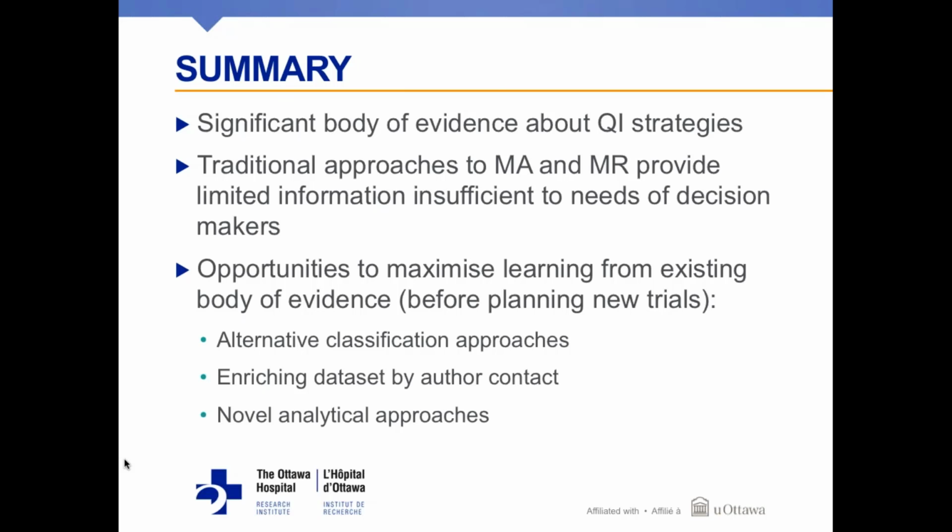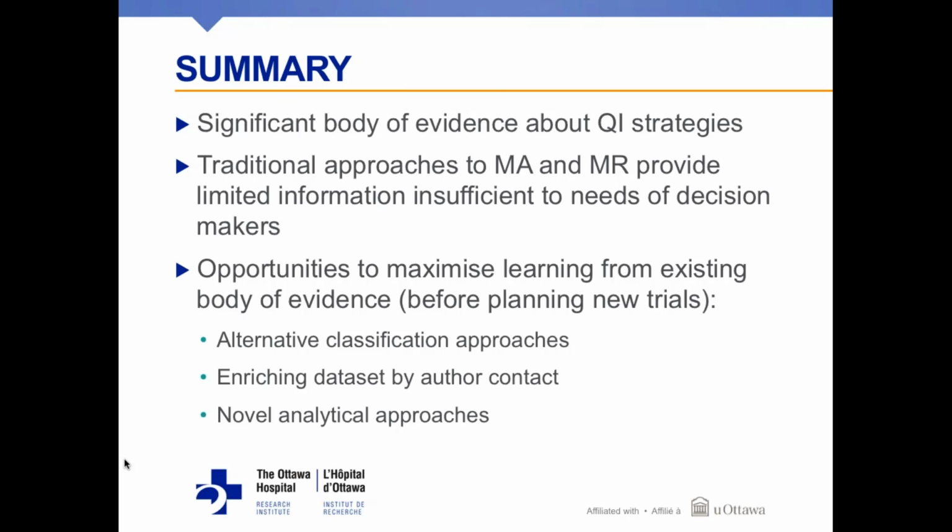But I think our experience through the diabetes QI work and other systematic reviews is that traditional approaches to meta-analysis and meta-regression only provide limited information that's insufficient to the needs of decision makers, and that there are opportunities to use more innovative approaches that will maximize the learning from an existing body of evidence.